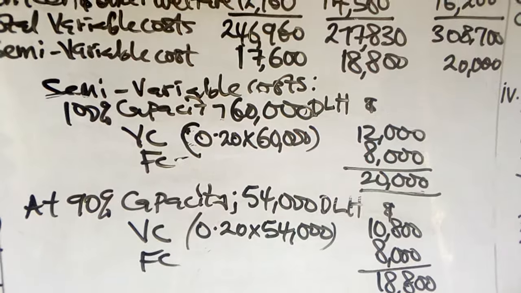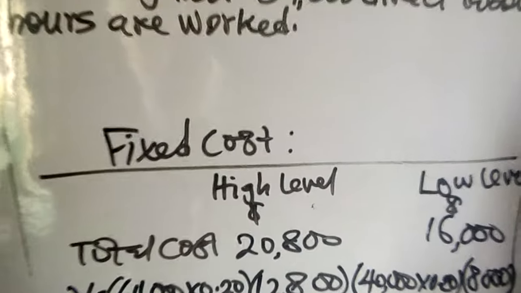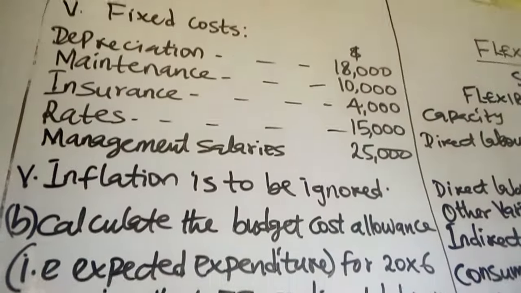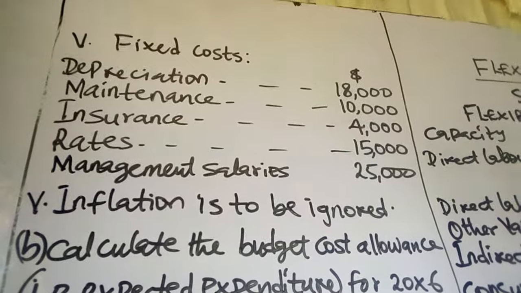Then we have note 5. In note 5, we were given information about the fixed cost.